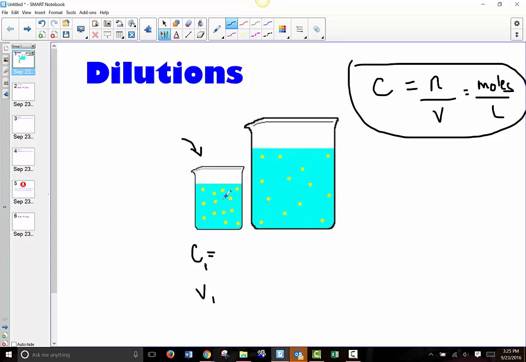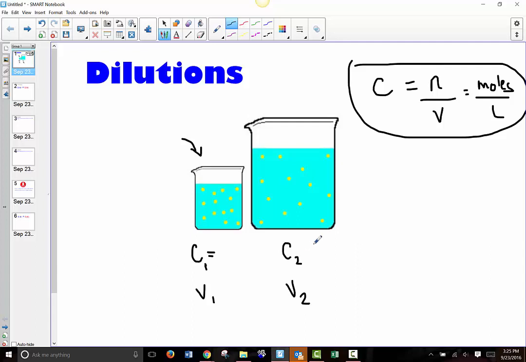And if you look at the picture, if you counted all the little yellow dots, you can see that the moles haven't really changed. But now that we have a greater volume, and we'll call that new volume V2, we also have a new concentration because now we have the same number of moles in a larger volume, and so we'll call that C2. And this is essentially the meat and potatoes of a dilution.